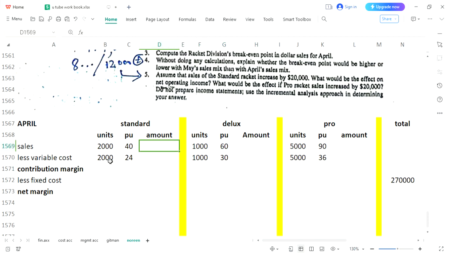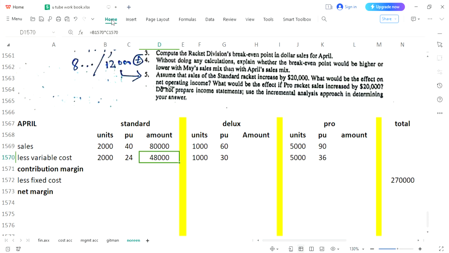To calculate the amount, we will multiply units into per unit. Units for standard 2000 and per unit sale price 40. So we have got selling price, and then units of standard 2000 and per unit cost is 24. So we have got our variable cost.